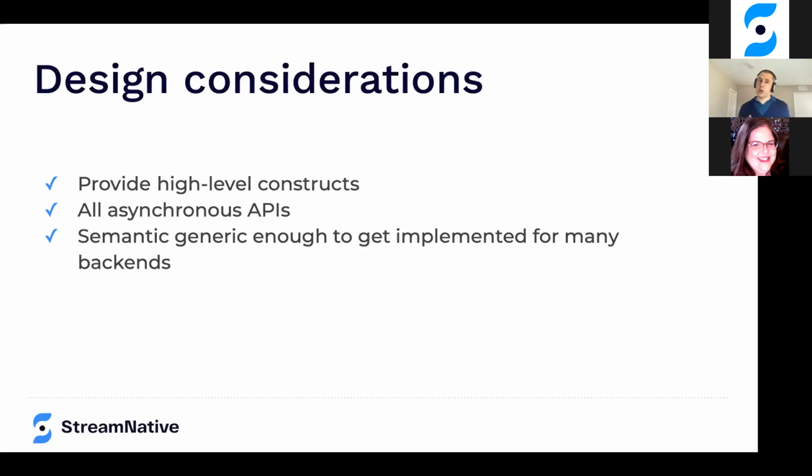Second, we want to have all async APIs, no more sync APIs, and no more mixing sync and async, because mixing sync and async makes everything much more complicated. And finally, the main goal was to nail down what semantics we want to support.